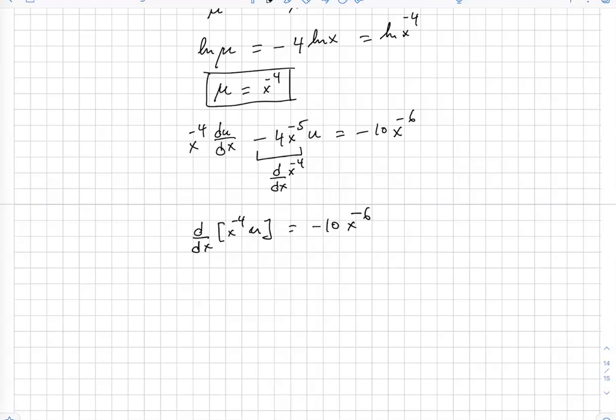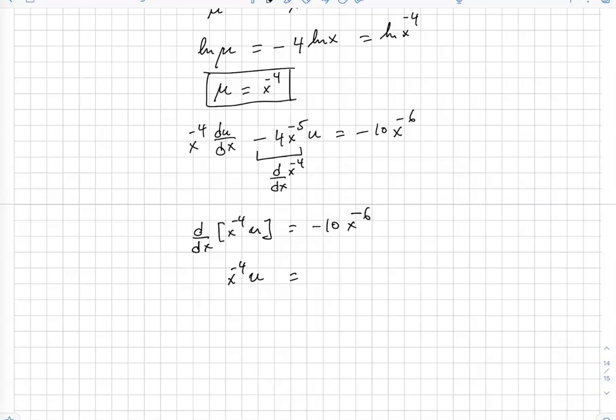On the left hand side you have d/dx of something, and on the right hand side you have a function of x. So both sides you integrate with respect to x, giving you x to the minus 4 times u on the left hand side, and on the right hand side you integrate, and that's just first year calculus.